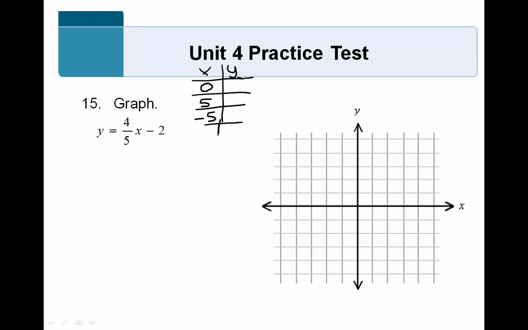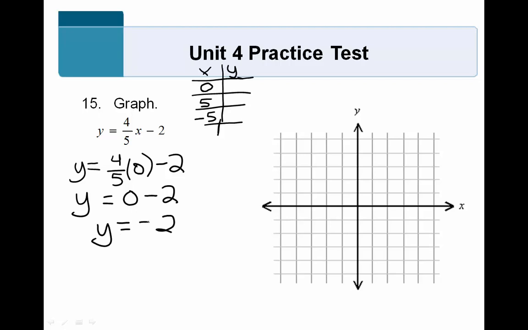But I'm going to graph this one by, well, I'll just go ahead and do this one the same way, okay? So if I use 0, y will equal 4/5 multiplied by 0 minus 2, which equals 0 minus 2, so y equals -2. So 0, -2, left or right 0, down 2.